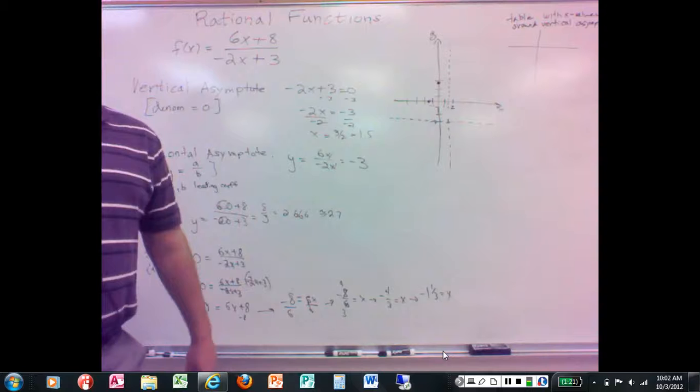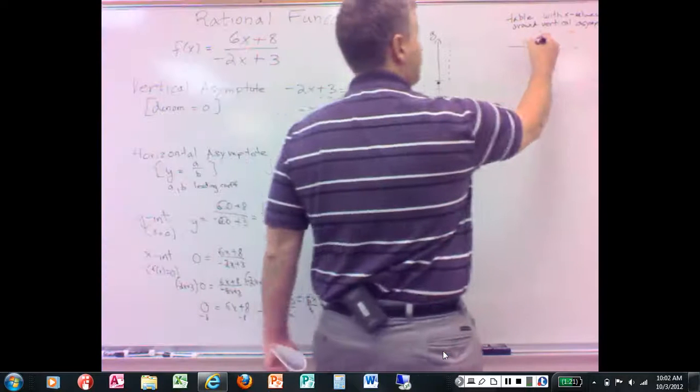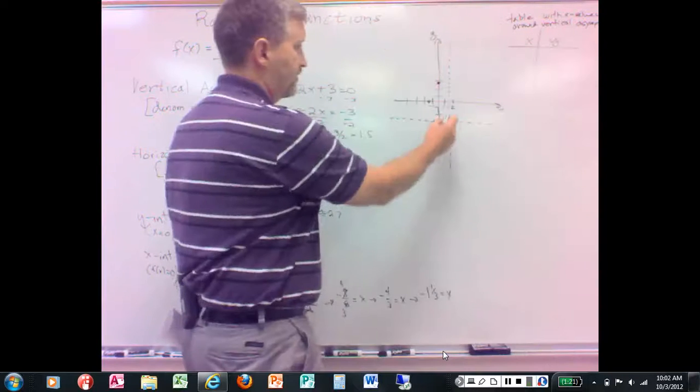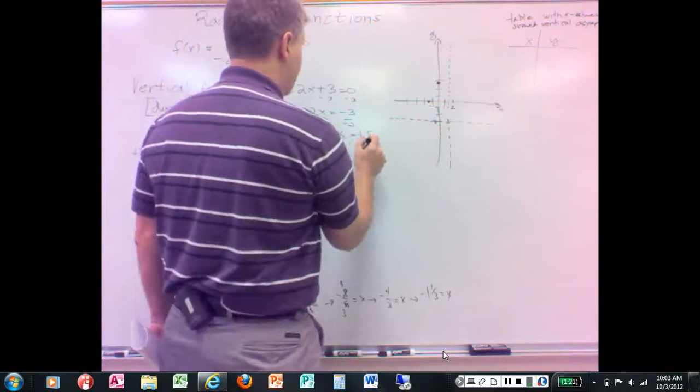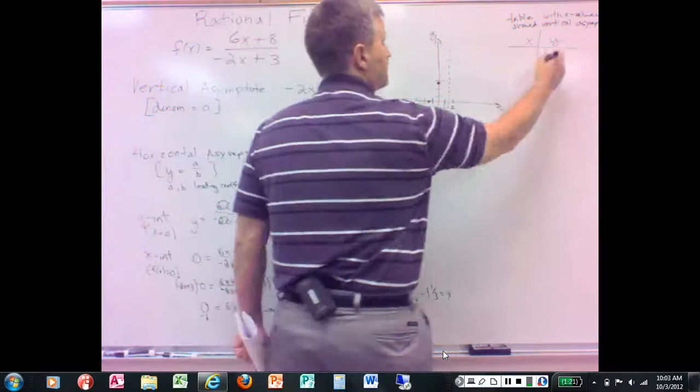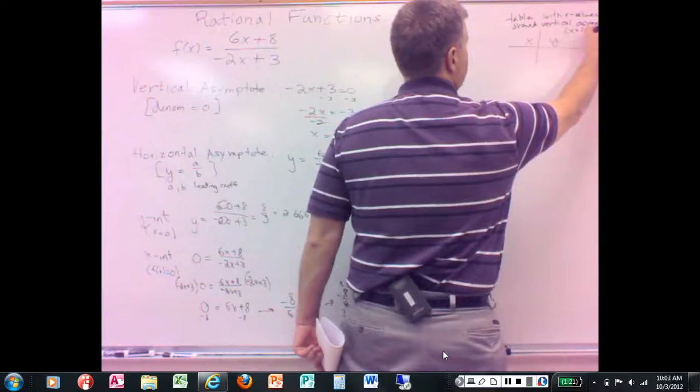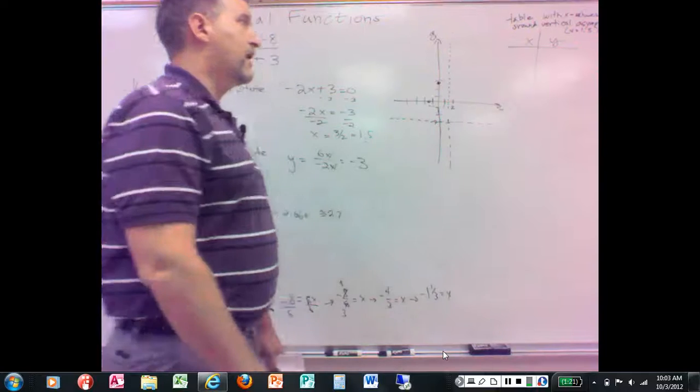Just get some values on your table around the vertical asymptote, where the vertical asymptote here is 1.5 in this case.